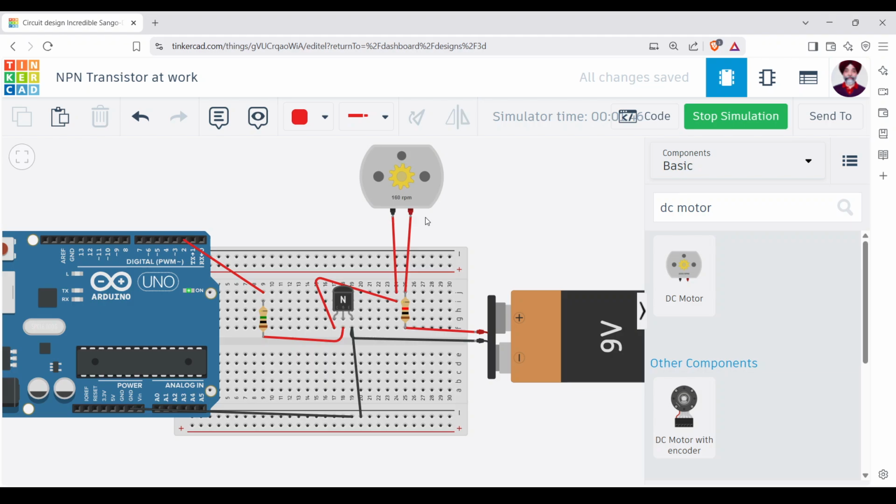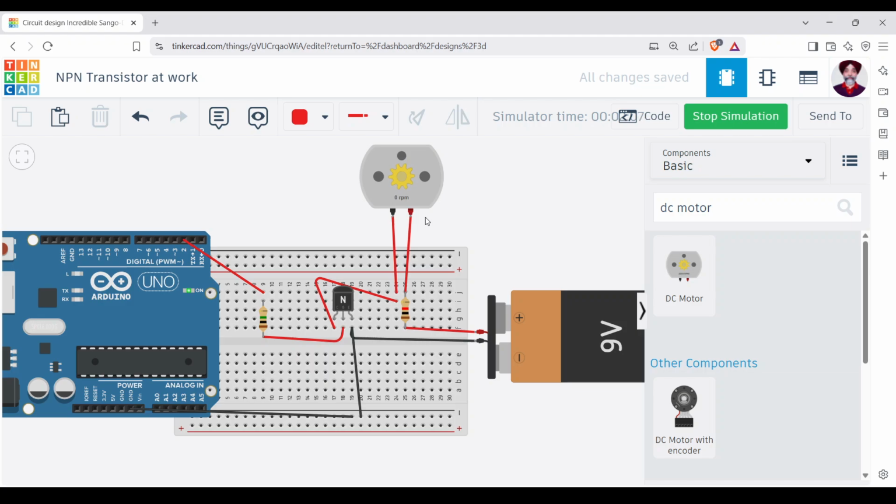We also learned how to use a transistor with current going to the base. We used the switch in the beginning, but a switch is a physical switch, so I have to switch it on and off, on and off, on and off. But if I want to do it programmatically, then this is the last one that we used.